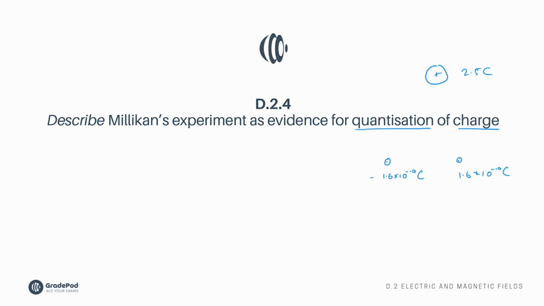We know that there's a fundamental value of charge, and that charge is the charge assigned to the electron and the proton. By quantization, we mean that this large value of 2.5 coulombs is made up by a series of building blocks of charge. And that's what quantization means, basically. It's a sum of this elementary charge.